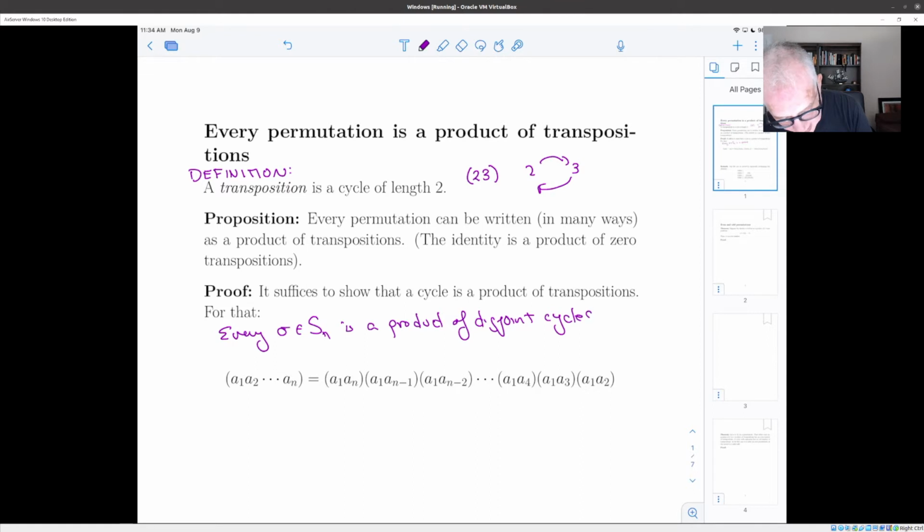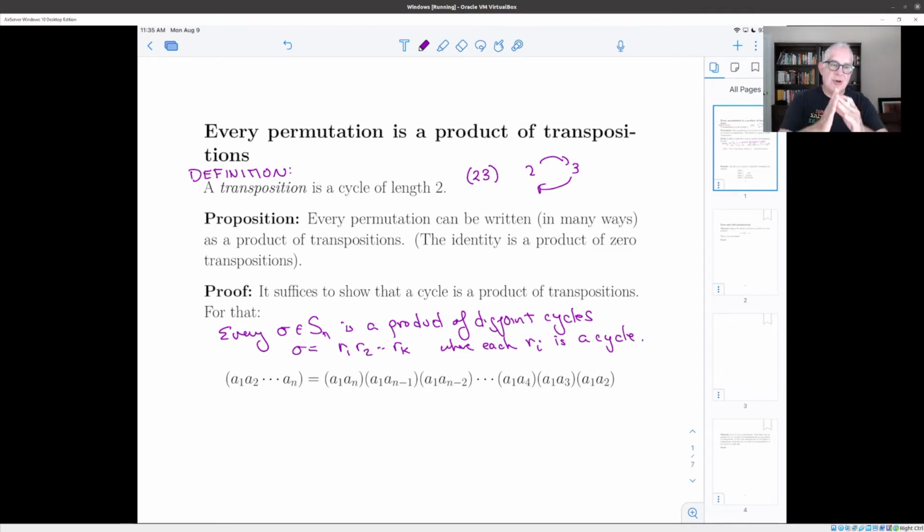So if we have our sigma as, let's say, R1, R2, out to Rk, where each Ri is a cycle, and then we can write each cycle as a product of transpositions, then we put all that together and we've written our sigma as a product of transpositions. So it's enough to show that every cycle is a product of transpositions.